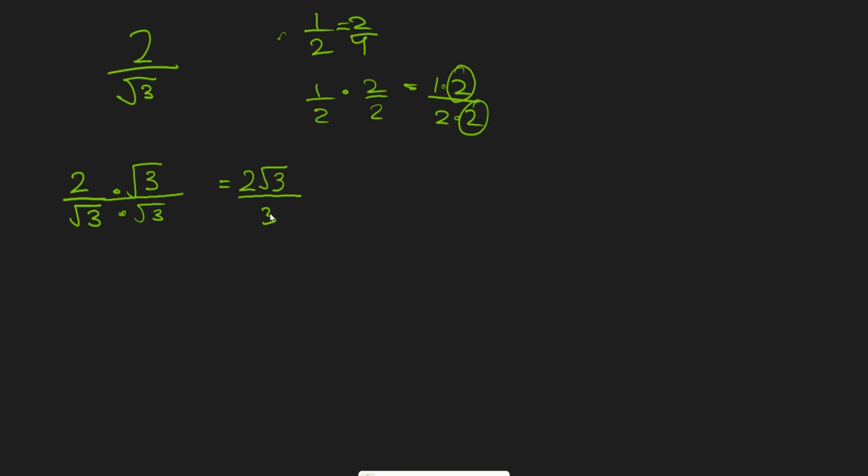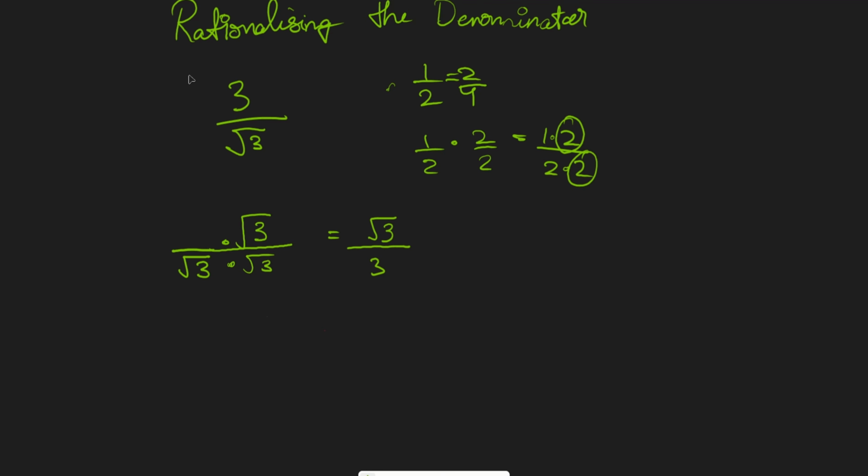Now this is much easier to solve, especially if we had a number rather than 2 by root 3. Suppose we had 3 by root 3. In this case, we would be able to cancel the 3's.